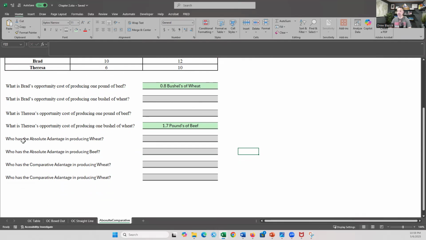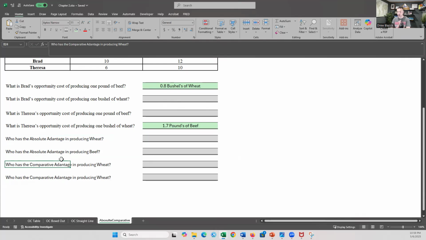This is important. Absolute advantage, one person could have the absolute advantage on both items, producing both items. The United States has the absolute advantage on producing most goods, but the comparative advantage is what is important. Whoever has the lowest opportunity cost in producing that good has the comparative advantage in producing that good. So whoever has the comparative advantage should produce that good.